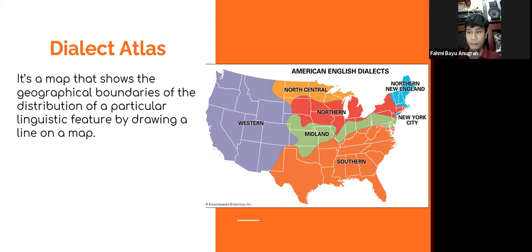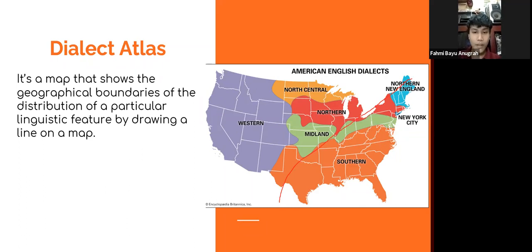And as you can see in the map right now, the southern part is used more like you, y'all, like that. And then the top part is using you guys.